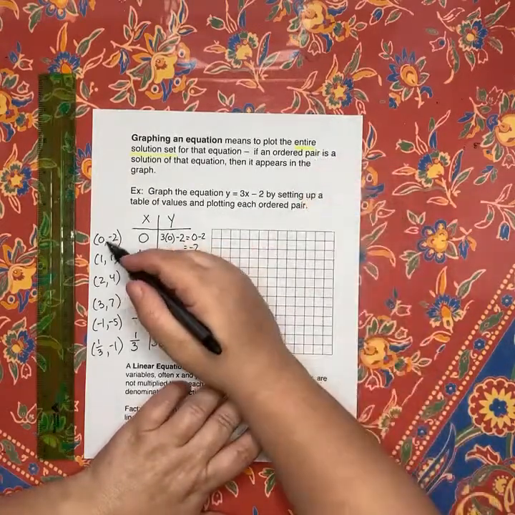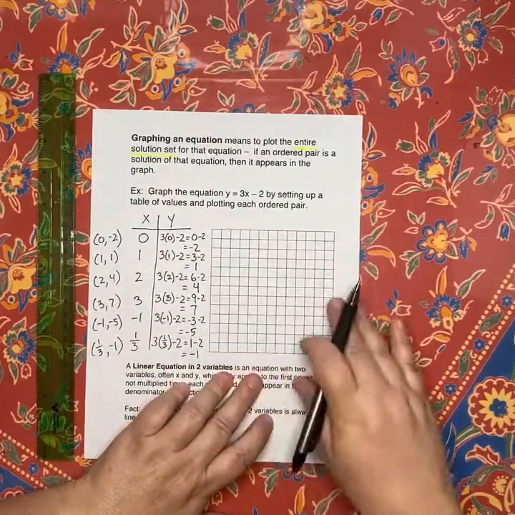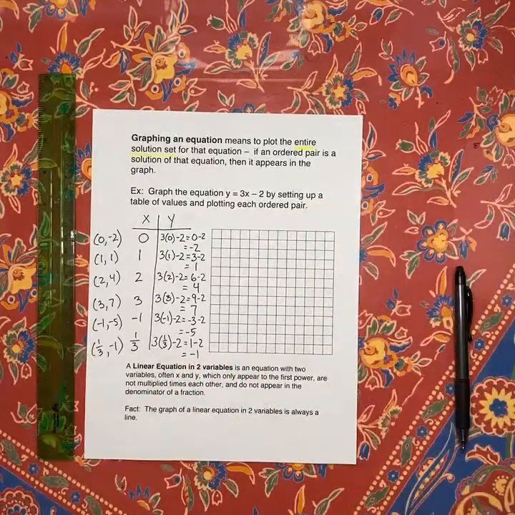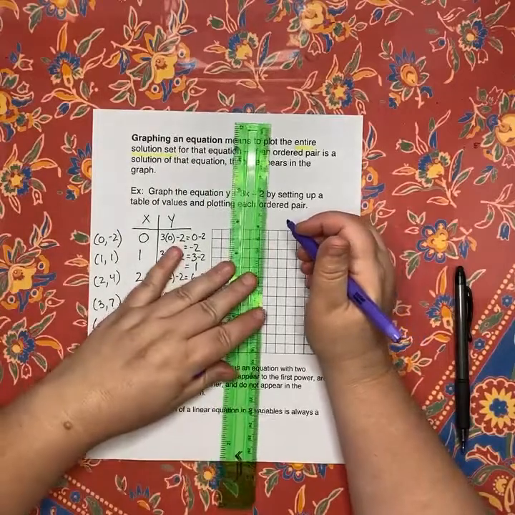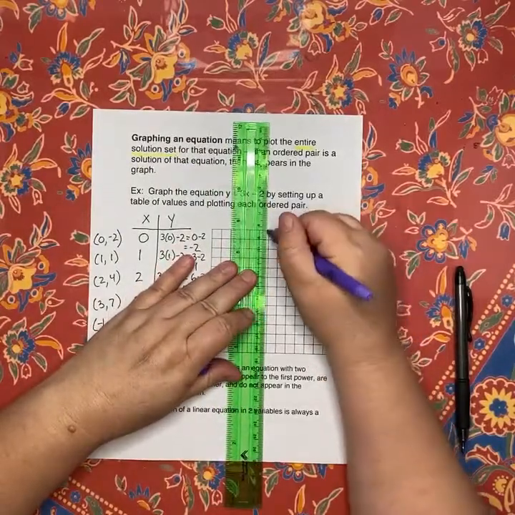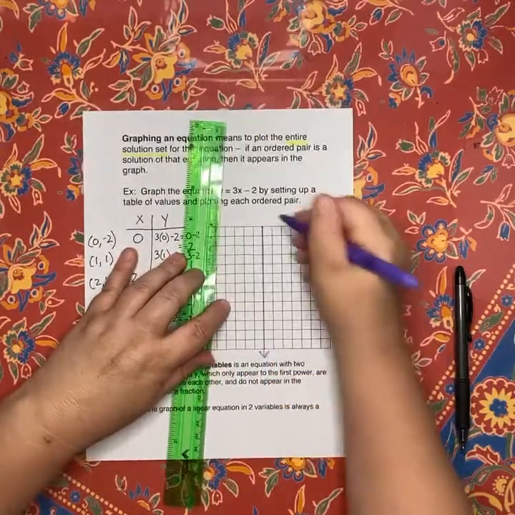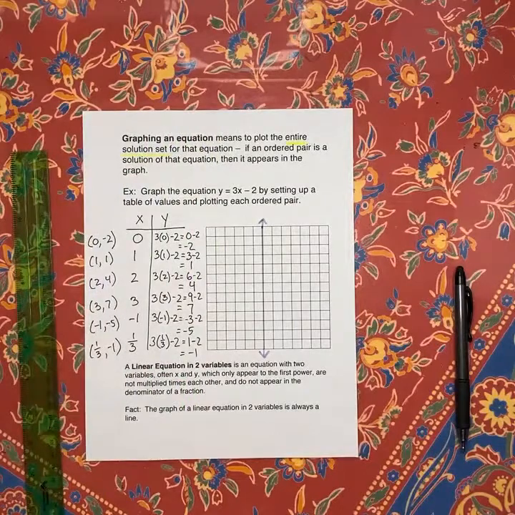Now my x's are mostly positive, but I've got lots of room, so I'm not going to worry about that. So I'm just going to go ahead, where's my purple? And I'm going to draw my y-axis right kind of in the middle. And remember, I'm that one who gets very freakishly attached to the arrows.